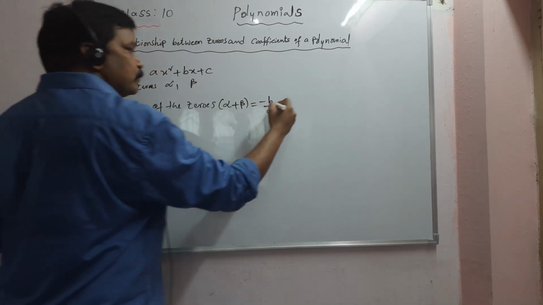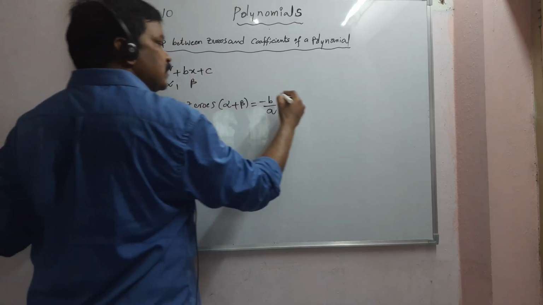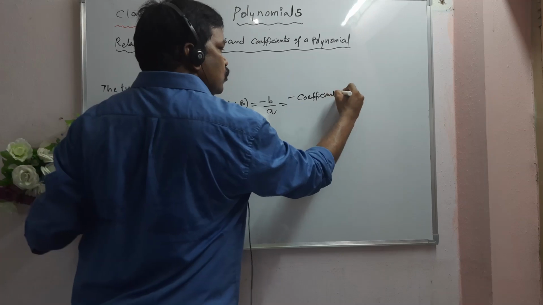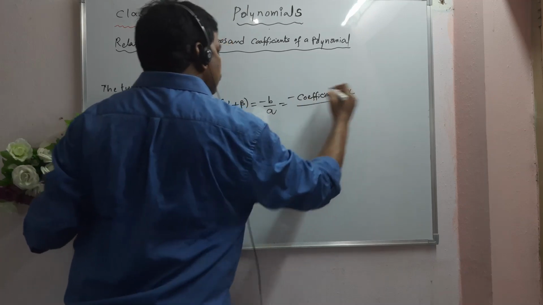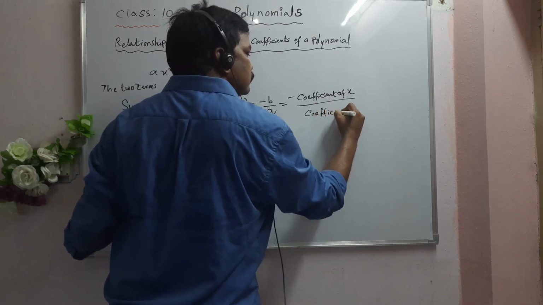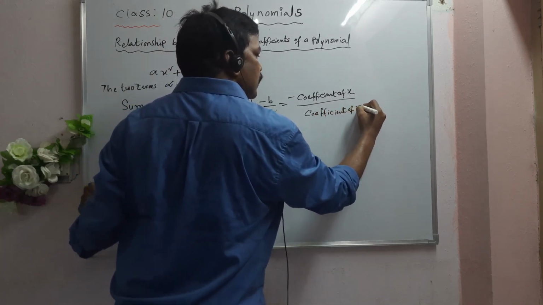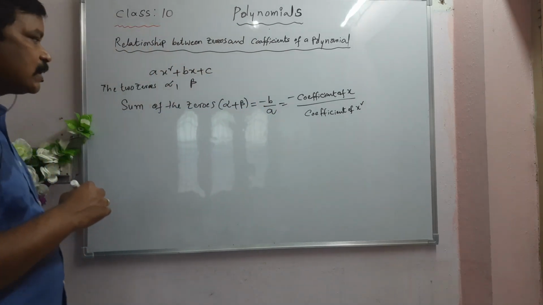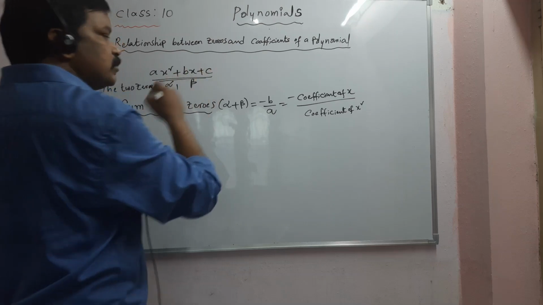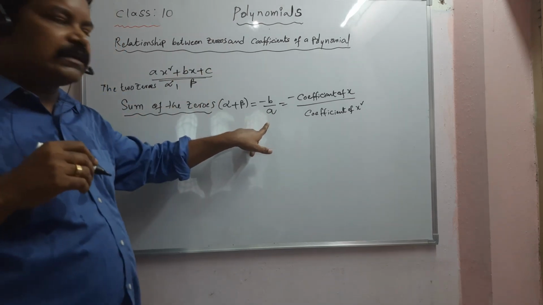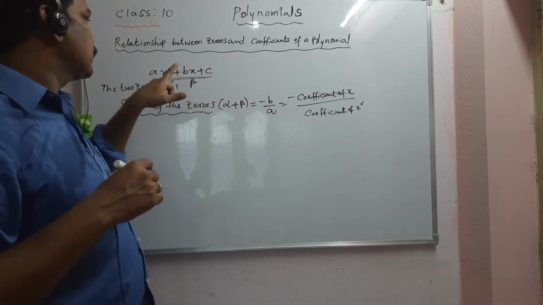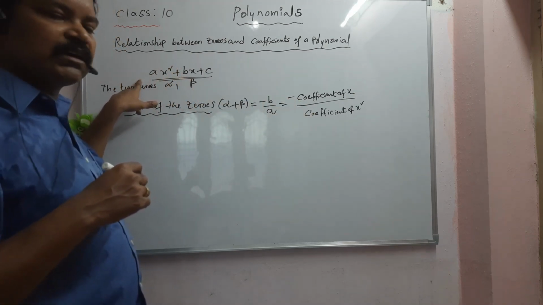That means here b is the coefficient of x and a means the coefficient of x square. Understand, children? So the sum of the zeros of a quadratic polynomial is minus b by a, that is minus of coefficient of x by coefficient of x square.